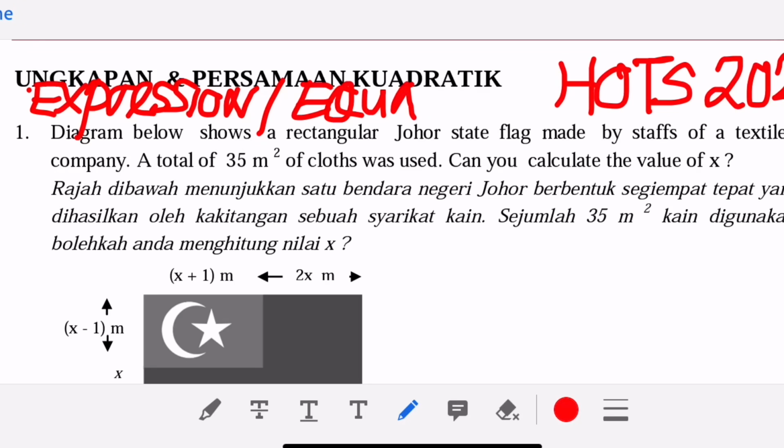Or maybe you have to write it in general form first, then factorize. After you factorize, you let the factors equal to 0 and you solve the quadratic equation.